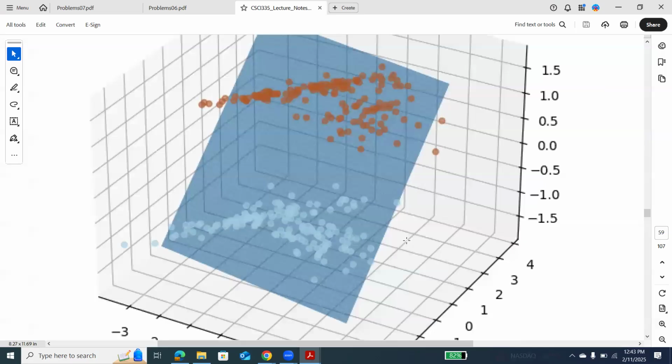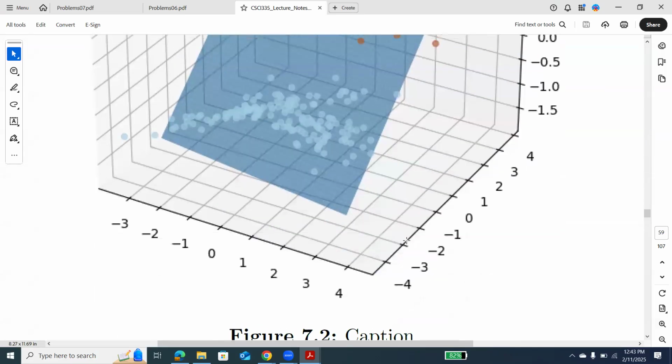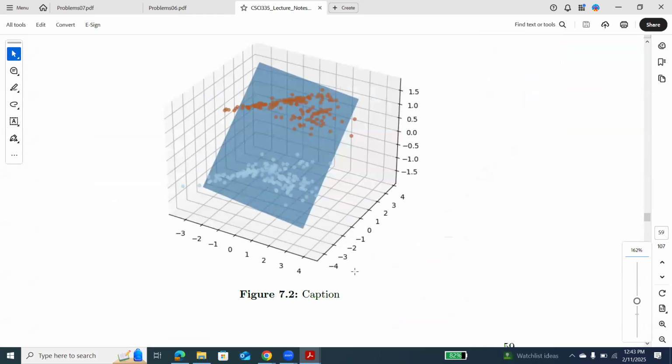The points, so this plane stands for the features, x1, x2, and this axis stands for the height. So the points with label 1 will lie on the plane with height 1, and the points with class label -1 will lie on the plane with height -1. And we want to predict these classes 1 and -1 with a linear model.